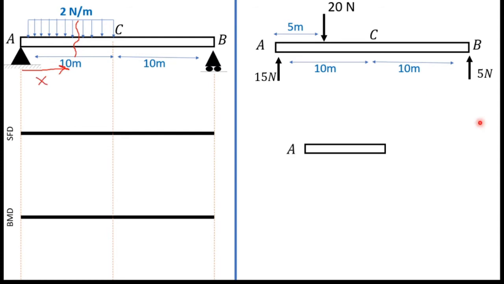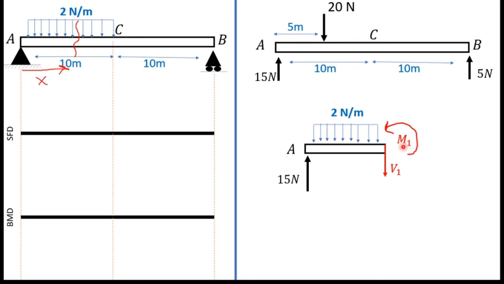So this is the beam which I cut, and I can redraw it, and I can mark distributed load over this small part of beam, and this is the support reaction of A, and this is the shear force of this location, so I marked it as V1 downward, and this is the bending moment, I marked it as M1.